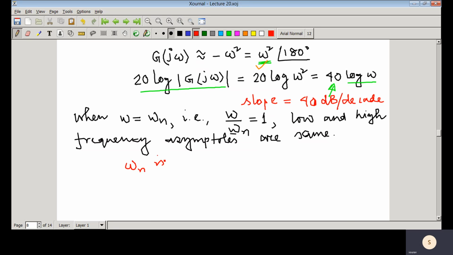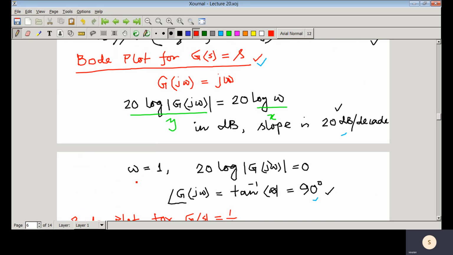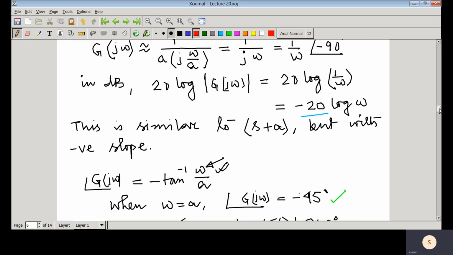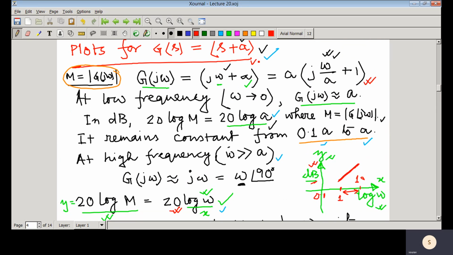Similarly, whenever we have that factor 1 by S plus A, at high frequency the value is omega, and at low frequency you can see that it is 20 log A. So at omega equal to A, the low and high frequency asymptotes are same.